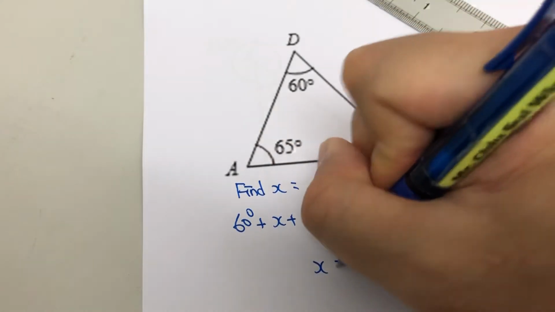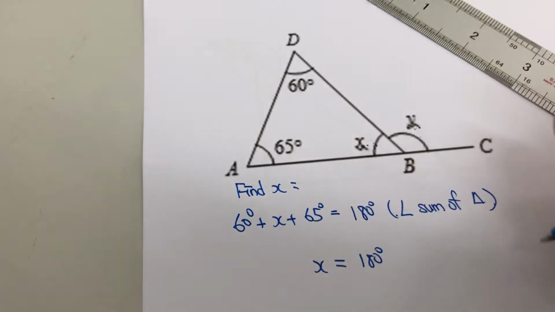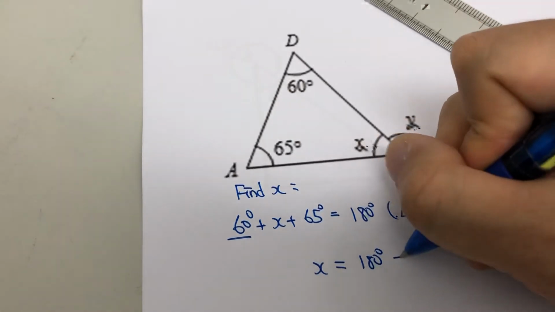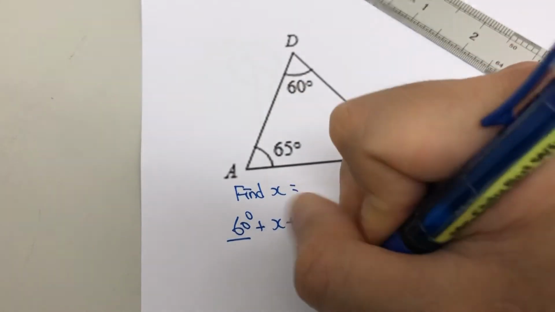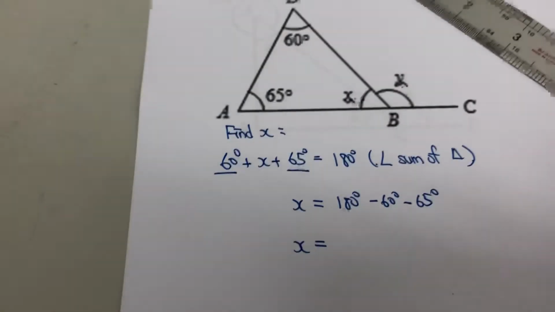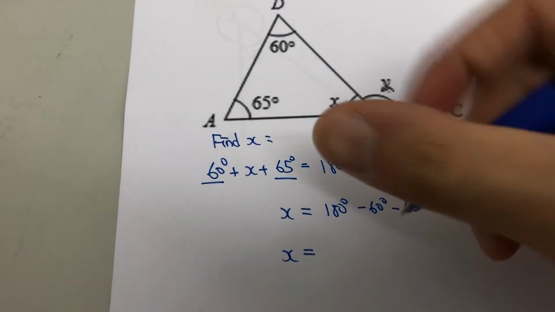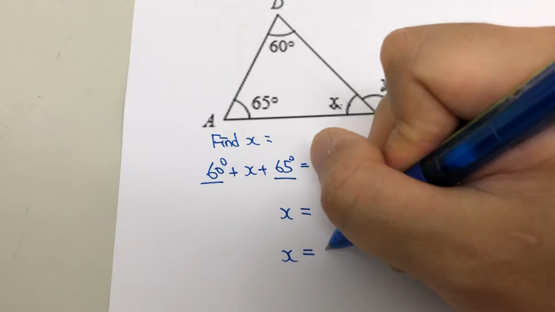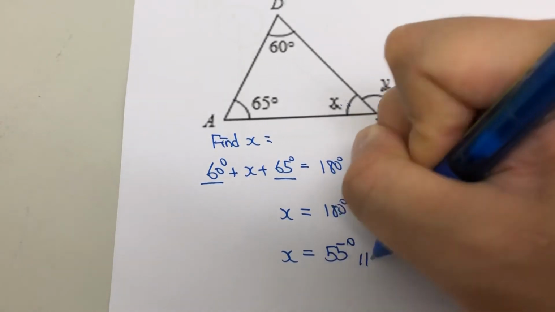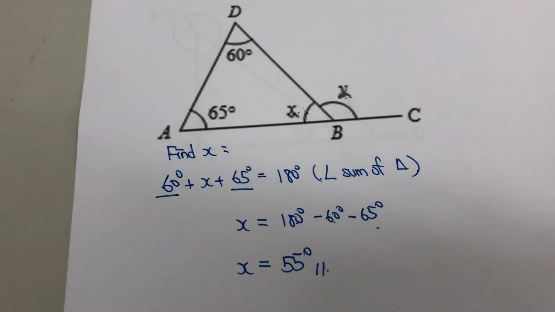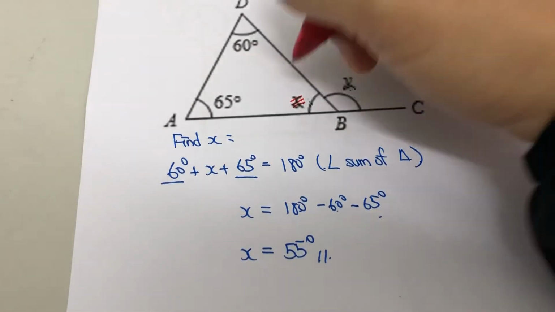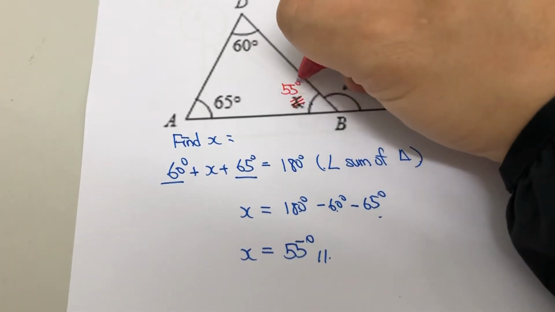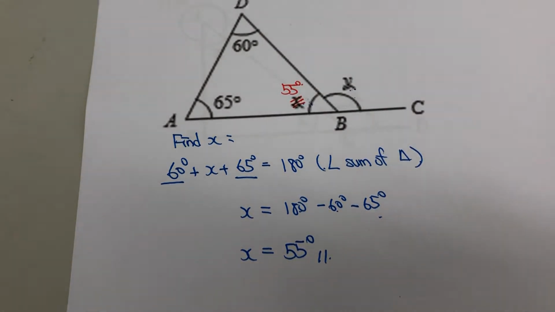So that means x equals 180 minus 60 minus 65. So that we could tell what is the value of x. It is 55 degree. Therefore, we don't need the x here. Let's cross it out. We know that x is 55 degree.